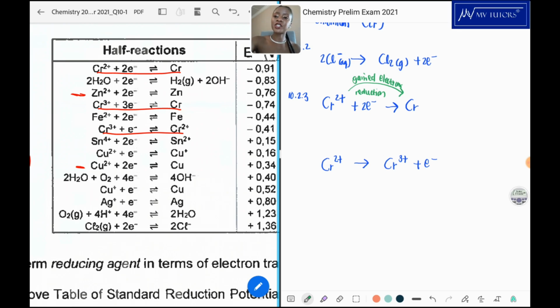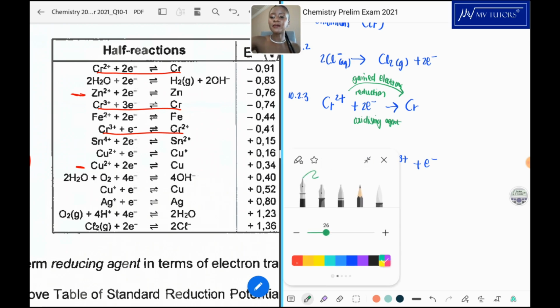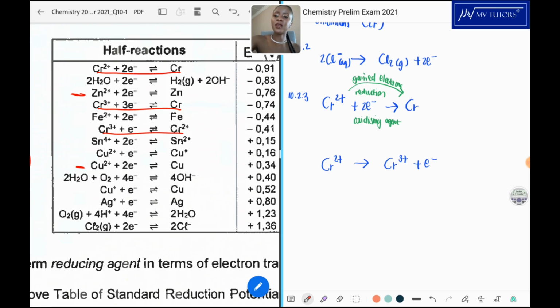Basically chromium was the oxidizing agent. Then this chromium here lost an electron. Do you see? Because it became more positive; there are more protons than electrons. So it lost an electron, meaning it was oxidized, meaning this is the reducing agent.